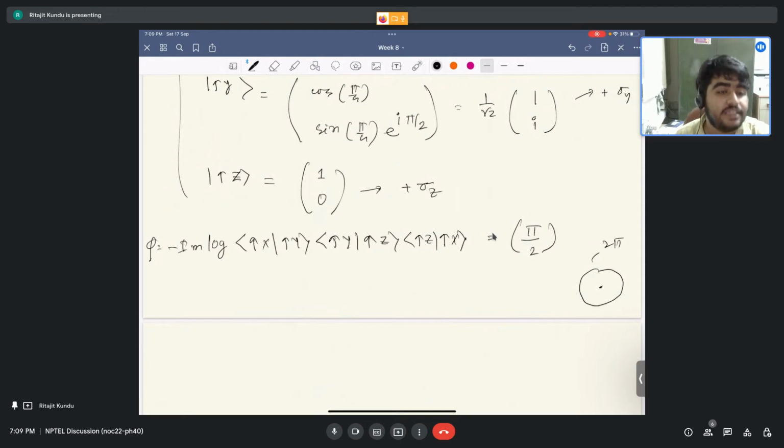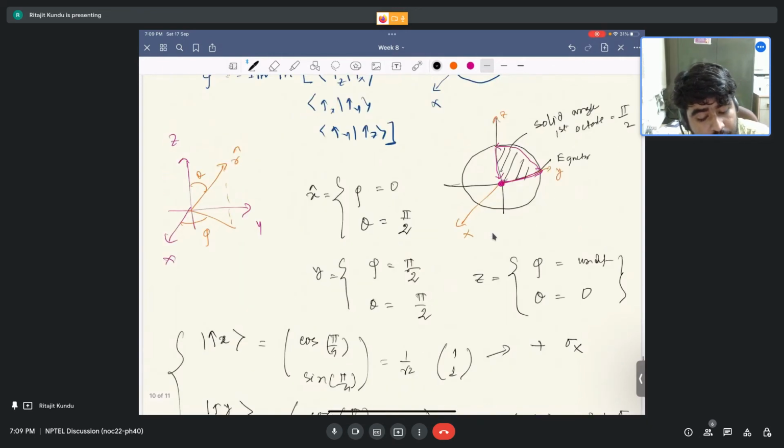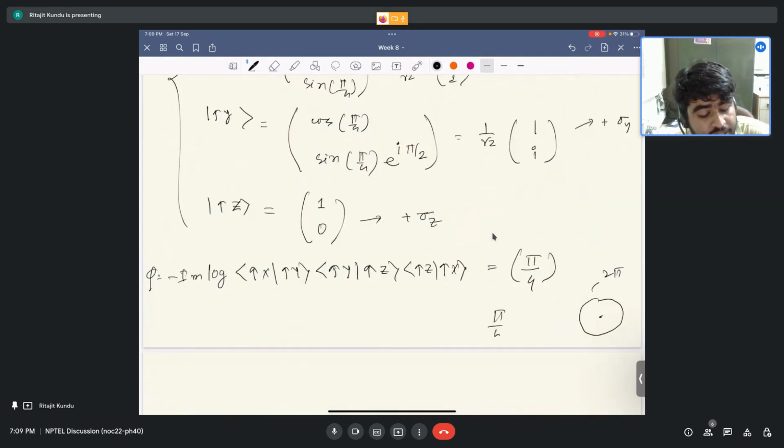No, it should actually be pi by 4 only. This is one octet's solid angle, so if you multiply with 8 octets of the sphere, you will see that this gives you 2 pi, which is the whole total solid angle of the sphere.